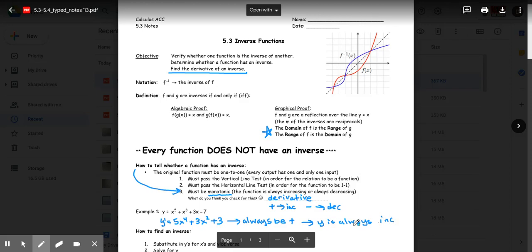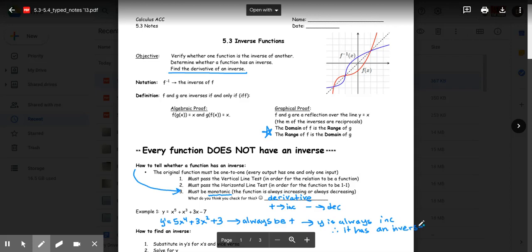And if it's always increasing, therefore, and this is the symbol for therefore, it's a triangle with 3 dots, therefore, it has an inverse. Just bear with my writing here.